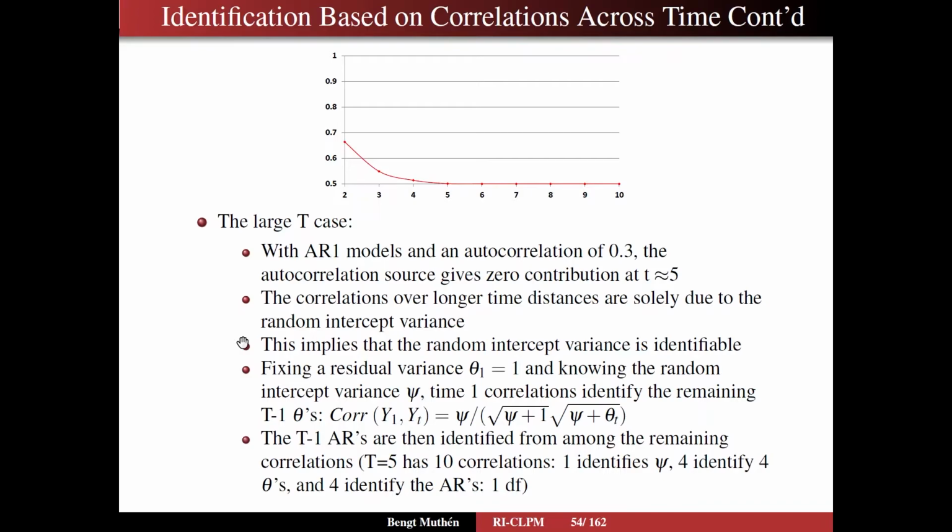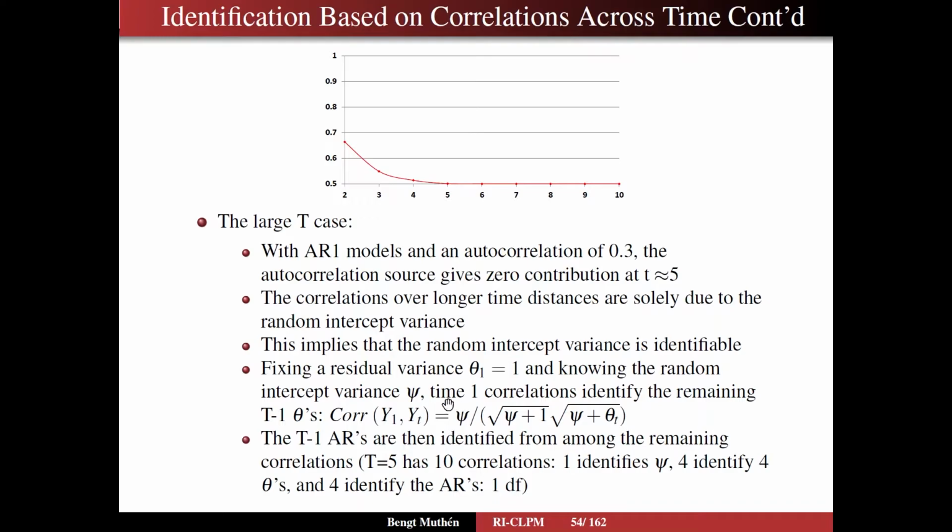Now, what about the other parameters? Well, we know that not all residual variances can be free, so let's fix one of them. Let's take, for instance, the first one. So theta is the variance of Z1. Fix that to 1. And we already know what the random intercept variance is. And then let's focus on the correlations of time 1 and a later time point, a correlation between Y1 and YT. That can be expressed in terms of the standard correlation formula of covariance divided by standard deviations.